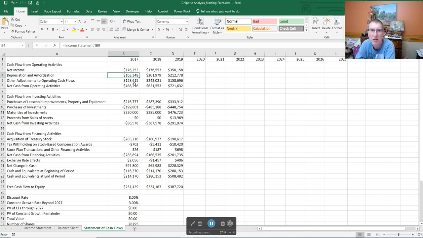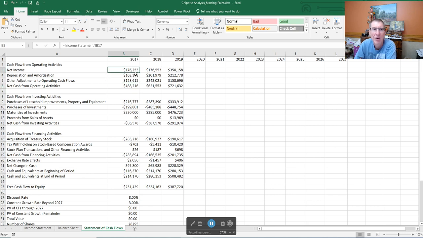Chipotle does. So I just linked it straight from the income statement. Other adjustments to operating cash flows, and I'll talk more about that when I get into the modeling process. The net cash from operating activities just adds those three values up.